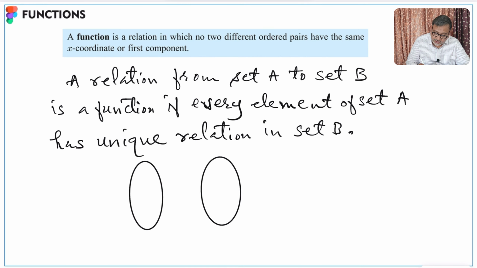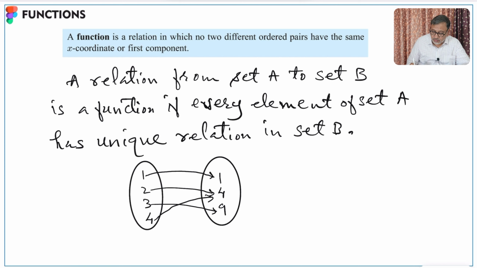See, suppose here you have elements 1, 2, 3, 4, and here suppose you have 1, 4, 9, something like this. Now 1 is associated to 1, 2 is associated to 4, 4 is also associated to 4, and 3 is associated to 9.